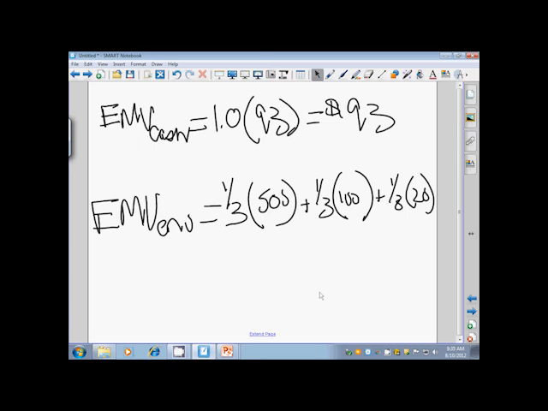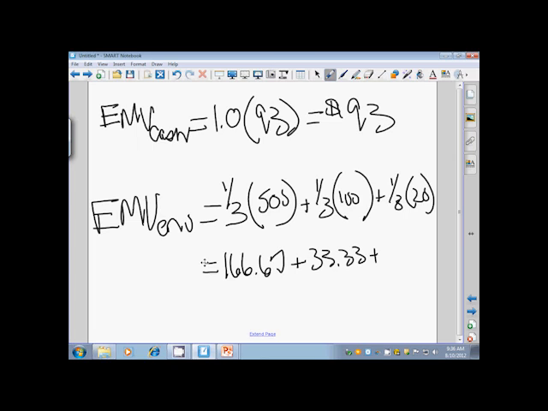So doing a little bit of math here, 1/3 times 500, which is 1 times 500 divided by 3, and this is looking at a monetary value, so we only have to take it out to 2 decimal points, is 166.67. 1/3 times 100, or 1 times 100 divided by 3, is 33.33.